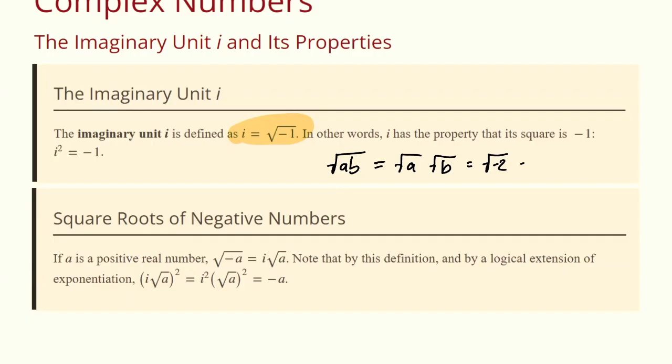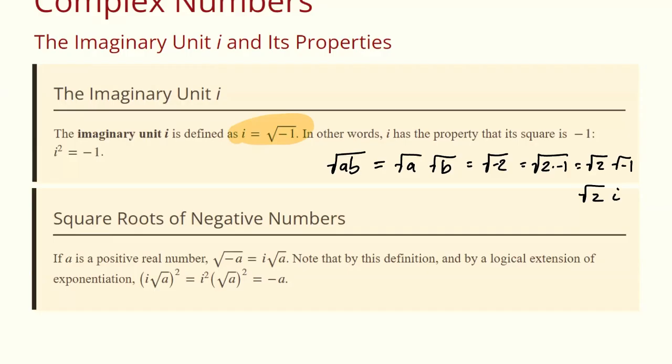I could split this up into the square root of 2 times -1, which turns into the square root of 2 times the square root of -1, which gives us the square root of 2 times i. That's just a long mathy way of saying, if you have a negative on the inside, pull it out and make it i. But you're going to get a little more mathy in this class. You need to start seeing why things work.